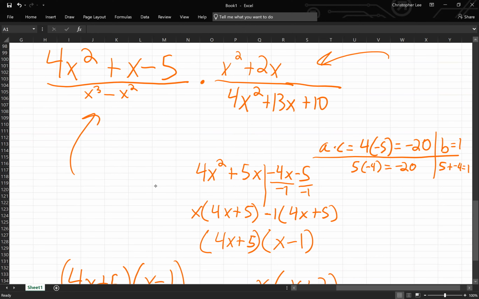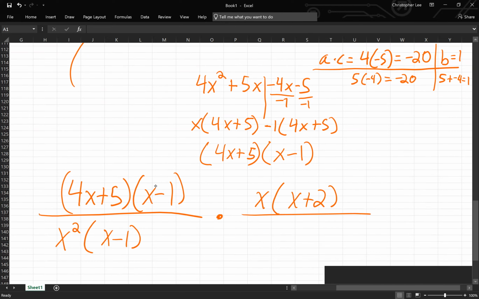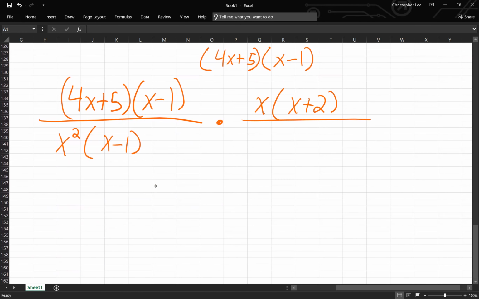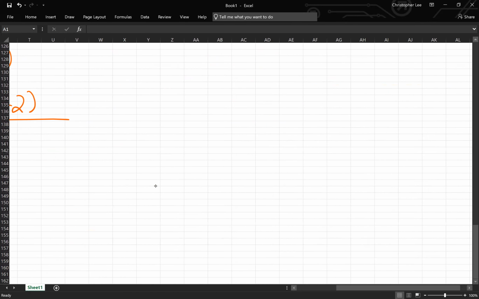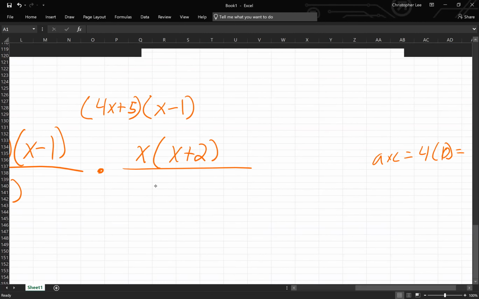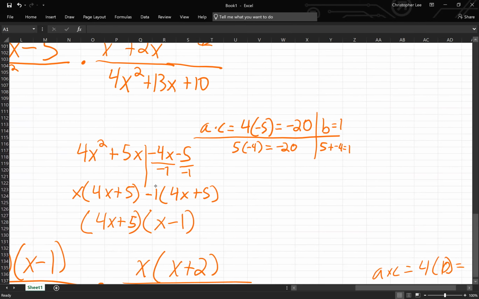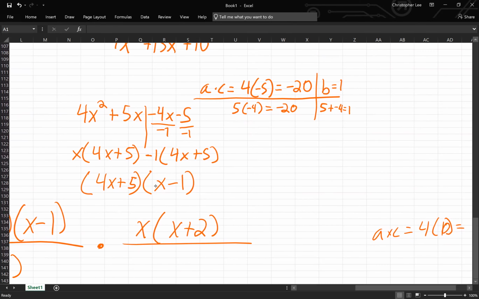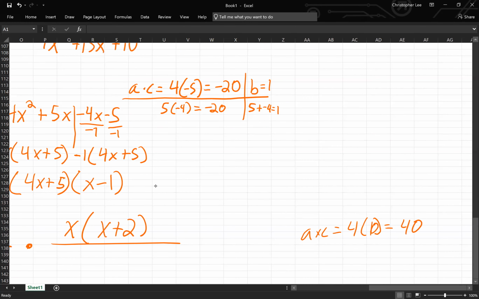Oh, this is different. All right, so let's do the AC method on that. We'll do it on the side over here. So A times C is equal to 4 times 10, 40.